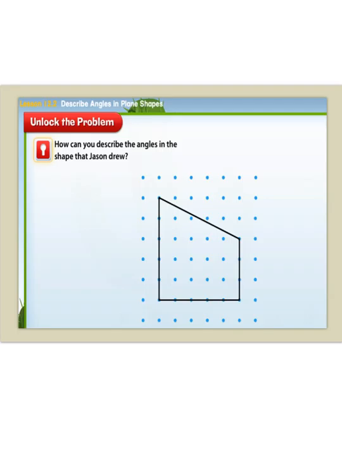Now let's unlock this problem. How can you describe the angles in the shape that Jason drew? Well, first of all, by looking at this, I can tell there are 4 angles. We have 1, 2, 3, and 4.